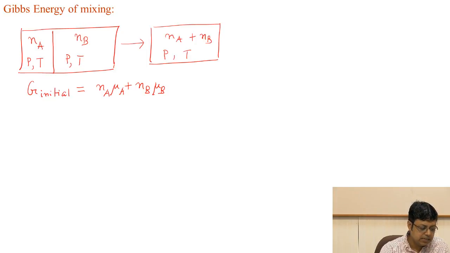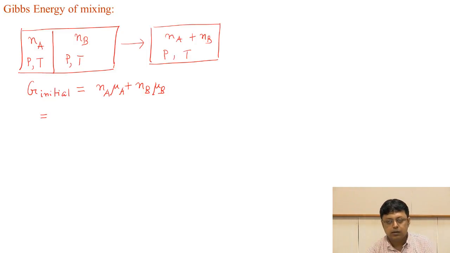Now when we mix it, but before we discuss that, let us also recall, we already had this discussion, the change of Gibbs free energy per mole when we change the pressure.